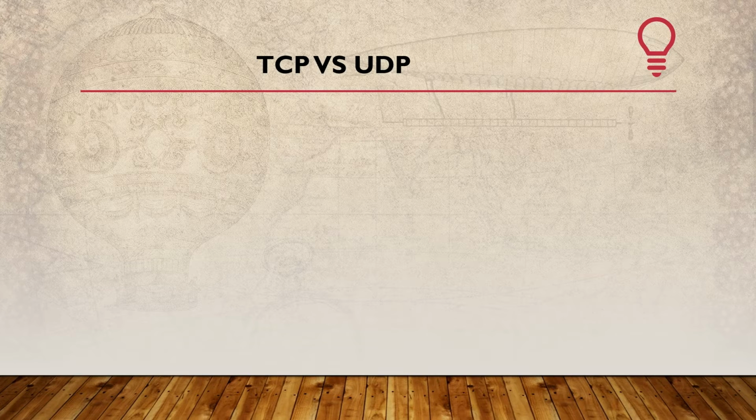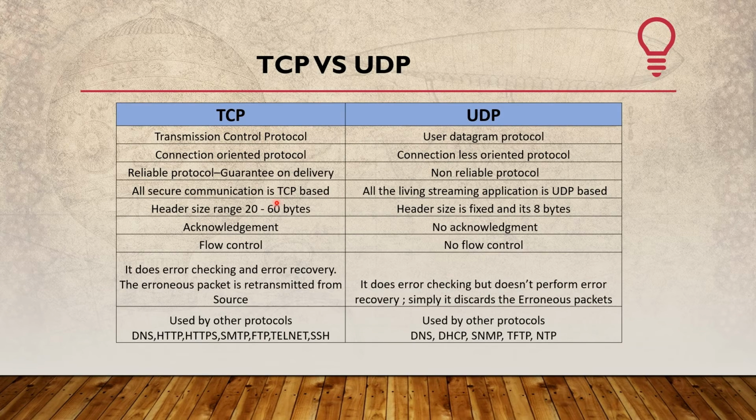Okay, now let us see TCP versus UDP. TCP is the Transmission Control Protocol. UDP is the User Datagram Protocol. TCP is a connection oriented, reliable protocol with guaranteed delivery; UDP is a connectionless, non-reliable protocol. All secure connections are TCP based. All live streaming applications are UDP based.